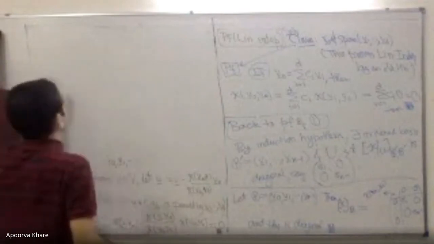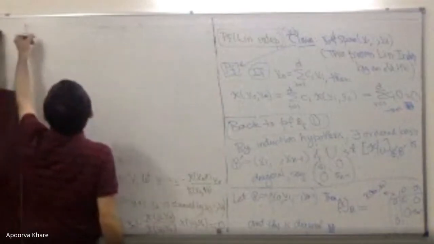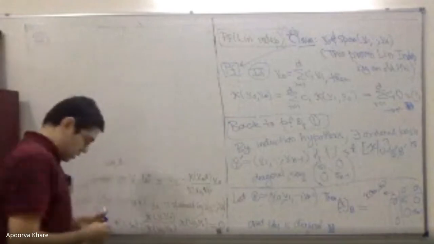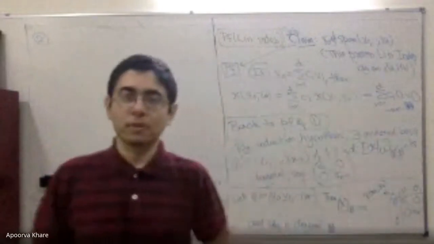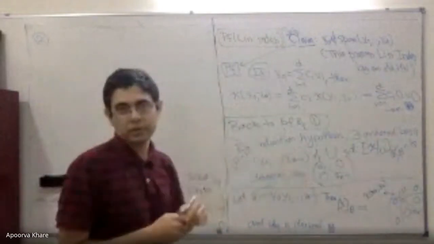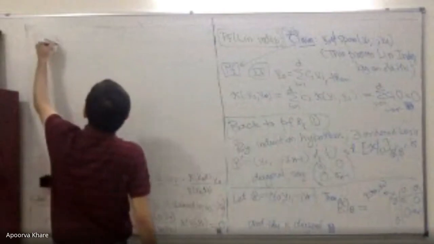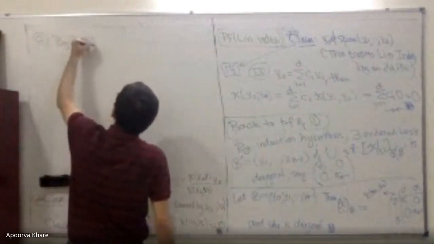Okay, so part 2. So now we know that the field has characteristic not 2 and it is closed under taking square roots. So by part 1, first of all, I get a diagonal matrix. Okay. So by part 1, there exists a basis.